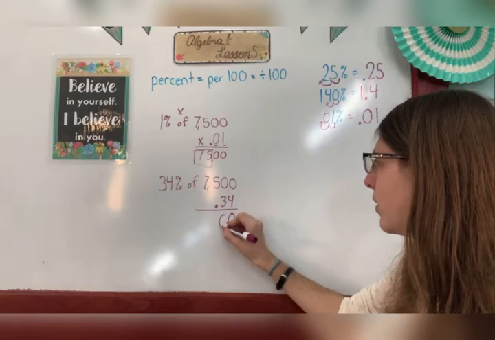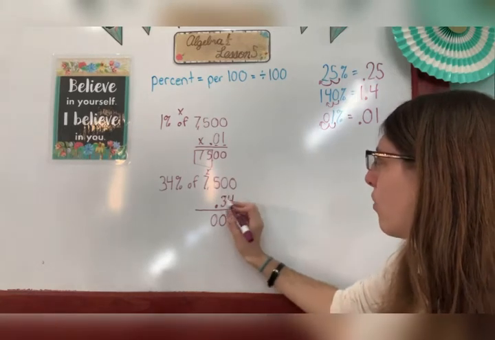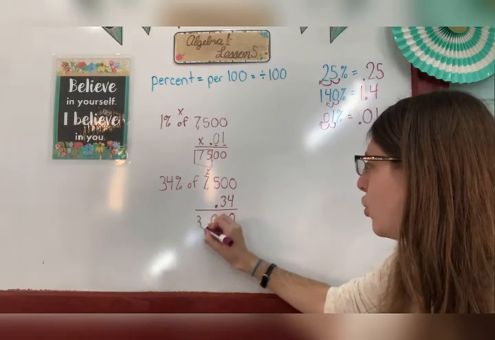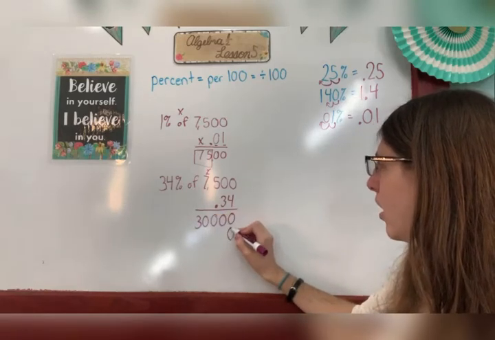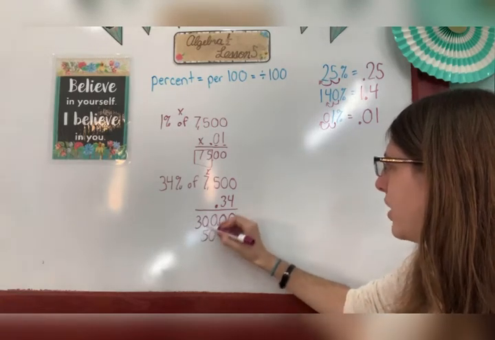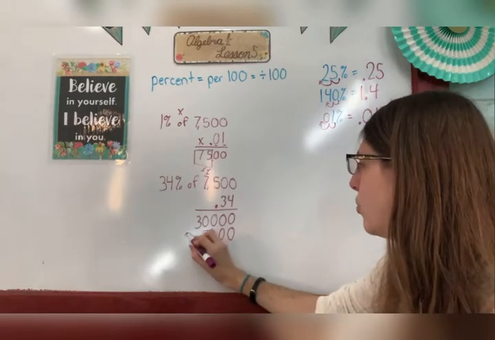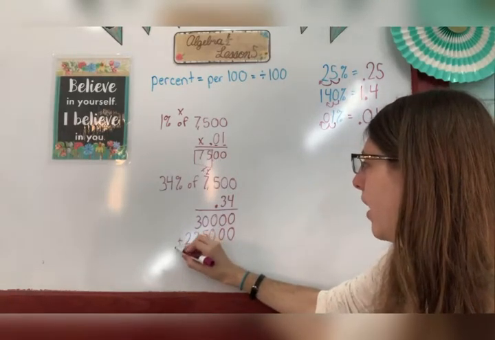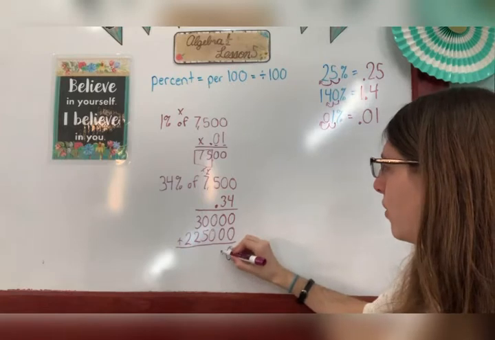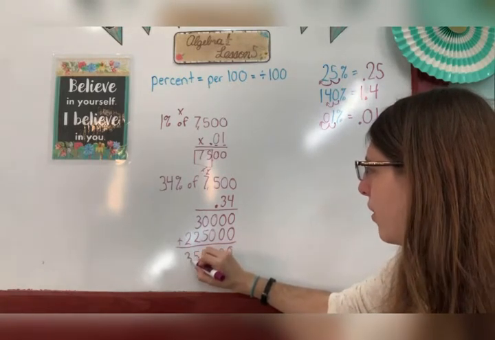So 4 times 0 is 0, 4 times 0 is 0, 4 times 5 is 20, 4 times 7 is 28, plus 2 is 30. Okay. 3 times 0 is 0, 3 times 0 is 0, 3 times 5 is 15, carry my 1. 3 times 7 is 21, plus 2 is 22. Add it together, lots of zeros. 5, 5, 3, okay.